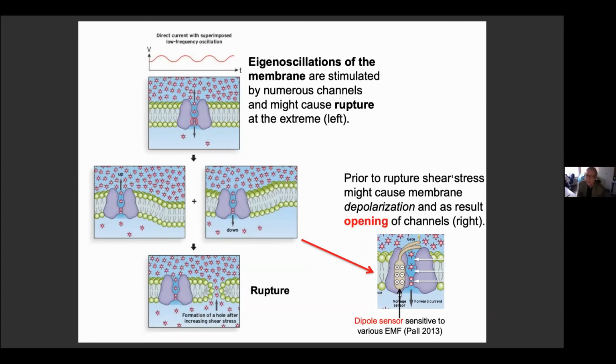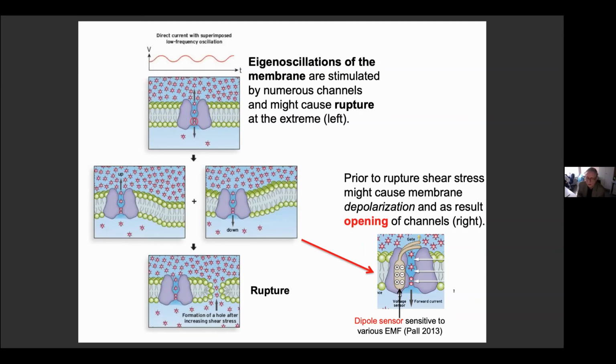Prior to rupture, shear stress might cause membrane depolarization and, as a result, opening of channels. So if there is a depolarization, especially for the T-type calcium channels, small depolarizations will already open the gate, and then a strong calcium inflow is possible.